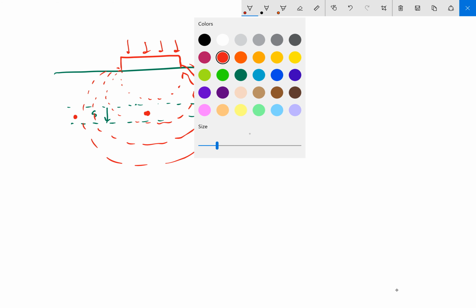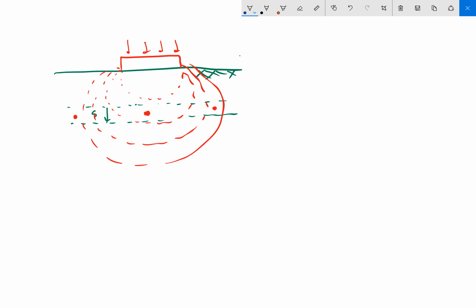Why this is significant is because, let me choose a different color here, maybe blue. If I were to plot then the settlement profile, or what I think the ground surface would look like after this thing has settled, it might look something like that, where we get a little bit of settlement outside the footprint, most of the settlement beneath the middle of our load.